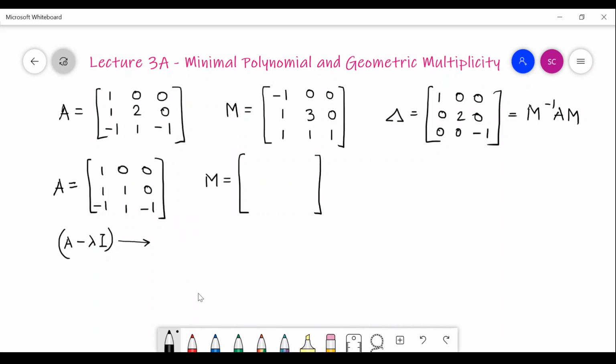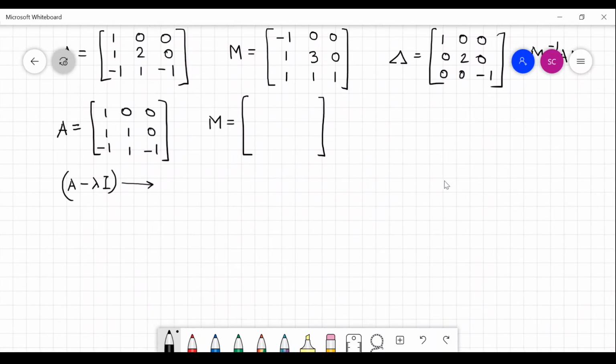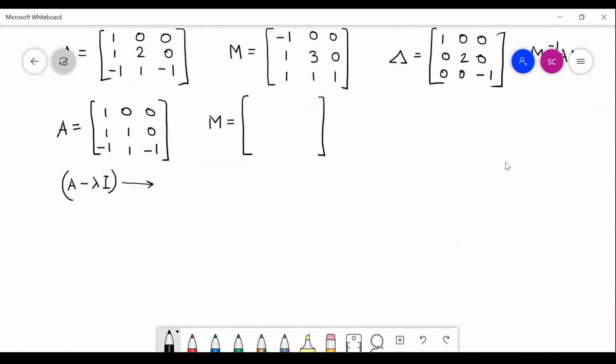So you will look at the bottom and figure out the eigenvector.